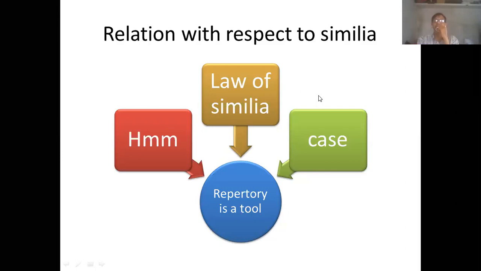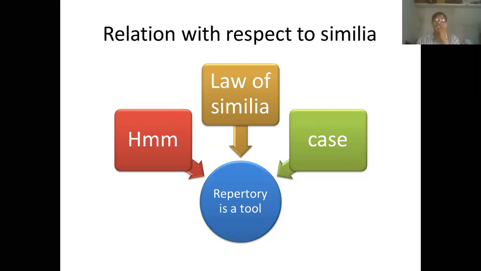Otherwise, it will remain a law only in the books of Organon of Medicine and philosophy. So repertory is a tool to make this law operational with the help of various repertories. It is really possible to make this law of similia operational, and this is the relation with respect to similia: without repertory, making the law of similia operational is practically impossible.